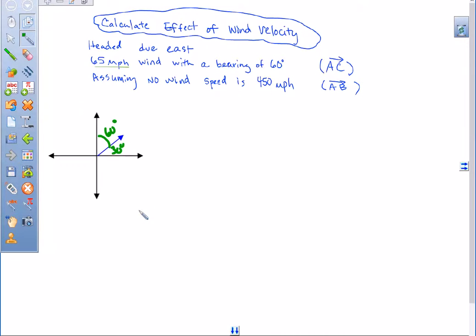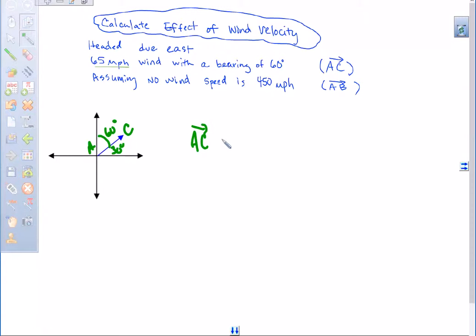All right, and then it tells us that assuming no wind, the speed is 450 miles per hour. So we will come back and sketch that in a second. So let's see, our AC is going to be this one. If we start here with A and we go to C, we're going to have the wind. All right, so AC represents the wind.